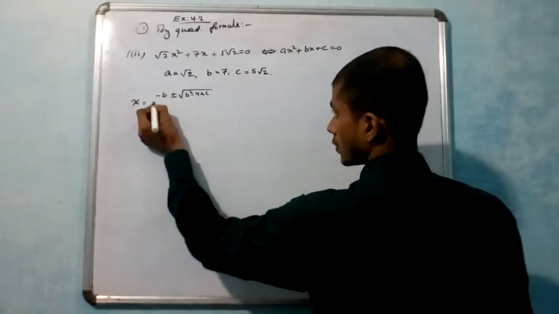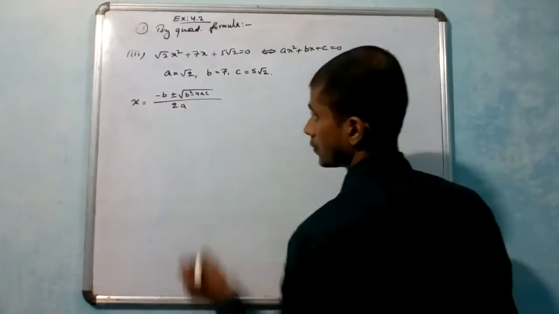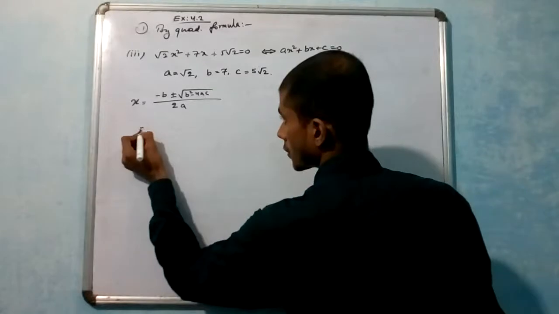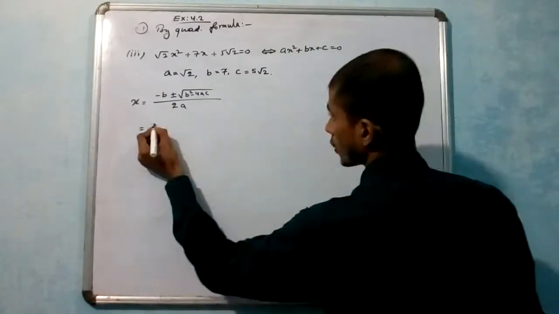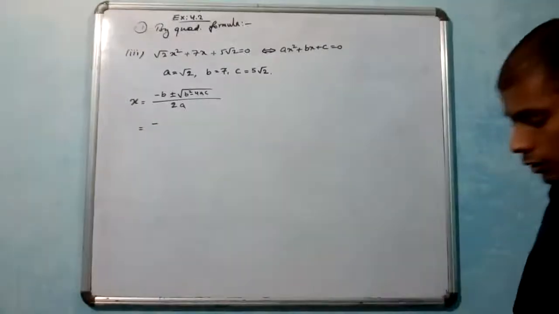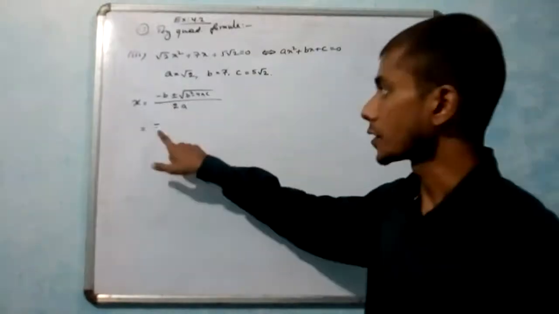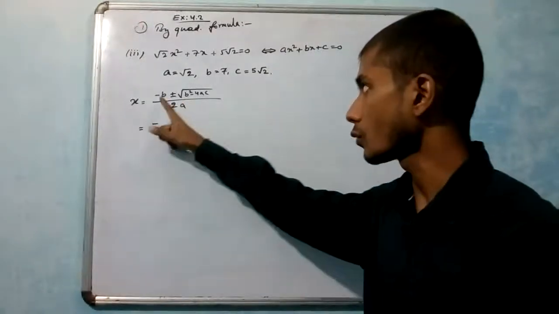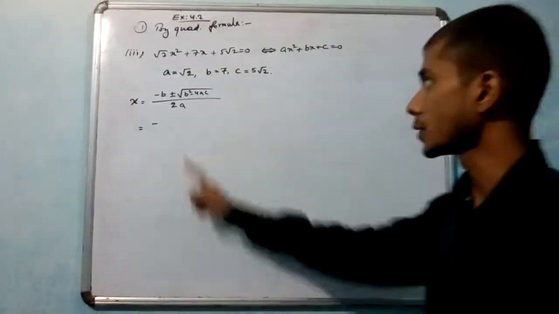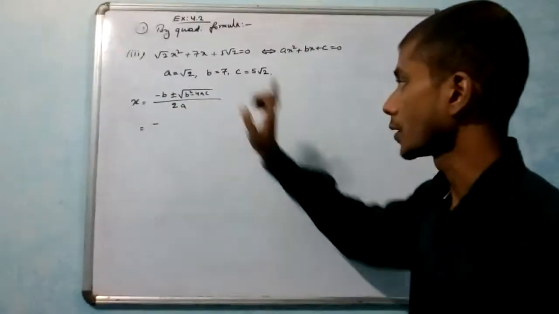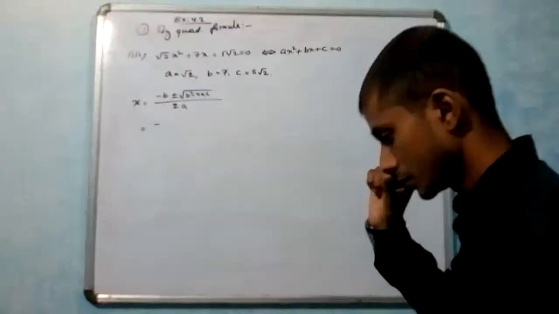Fine. So we have the formula x is equal to minus b plus minus root of b square minus 4ac by 2a. This is the formula. Now we will substitute. What is minus in the formula? Minus is in the formula, so write it here and don't get confused. Now check what is b, plus or minus? Plus 7. Okay?